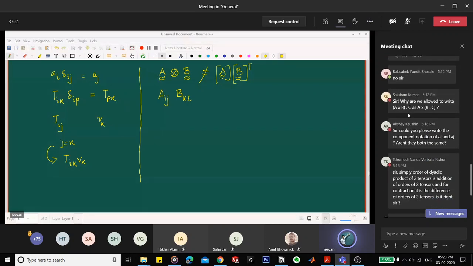Akshay Kaushik is asking, sir, could you please write the component notation of AI and AJ? Aren't they both the same? So if you intend to write for the vector A, the equivalent index notation is certainly AI, and the component notation very explicitly would be the sum over I equal to 1 to 3 of AI, EI.